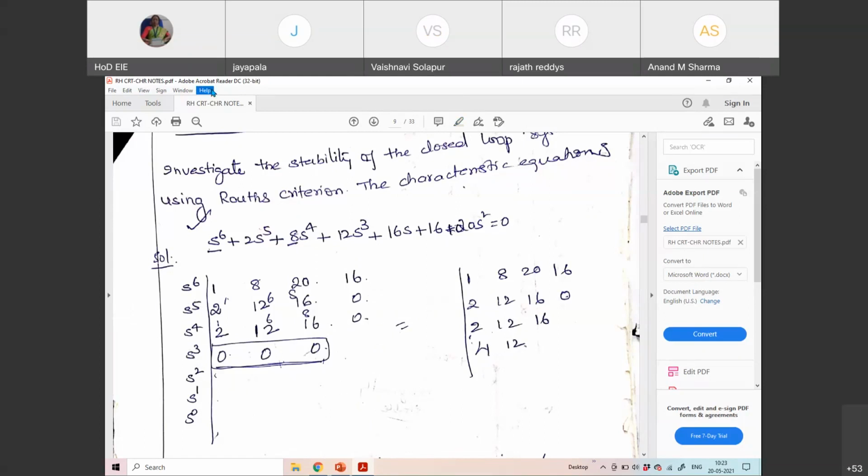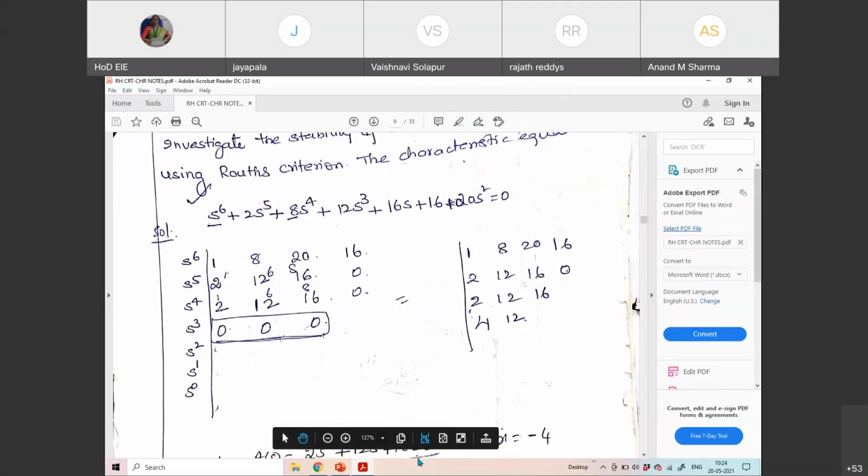The auxiliary equation could be 2s to the power of 4 plus 12s square plus 16s to the power of 0, equal to 0. Can we simplify it?